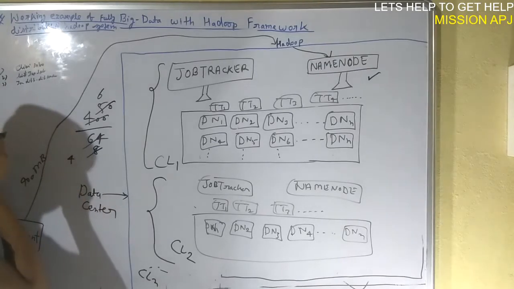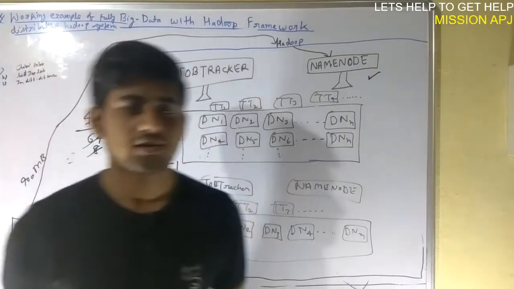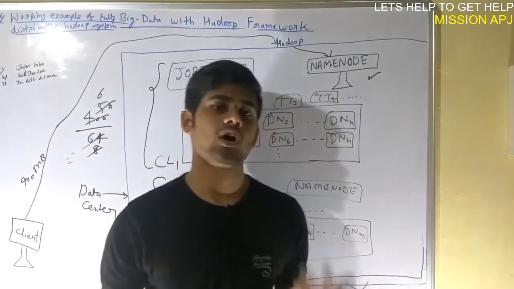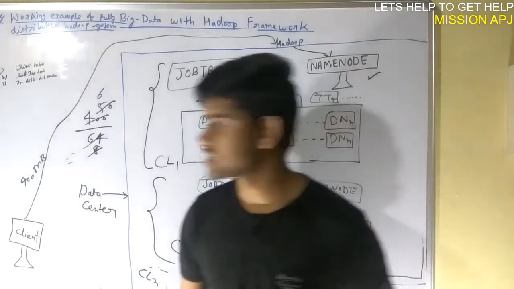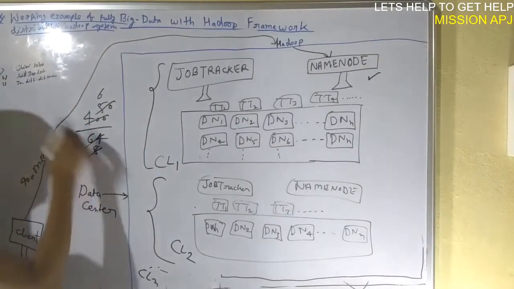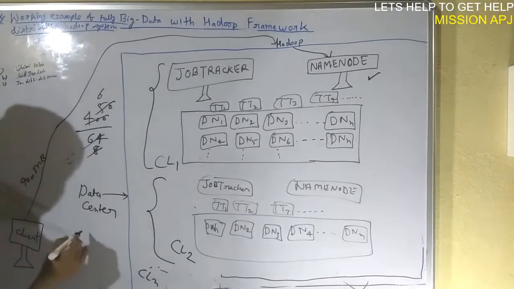Okay, so 6 blocks will be fully filled, and 1 block will be partially filled. So 6 plus 1, 7 blocks will be used. Okay, so 64.